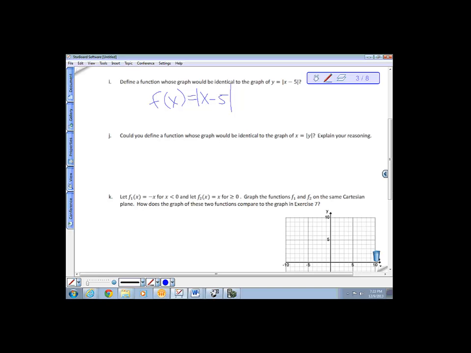If it were a graph of a function, it would be a set of ordered pairs. It's just not a function.